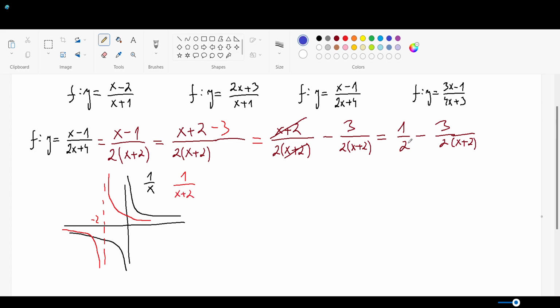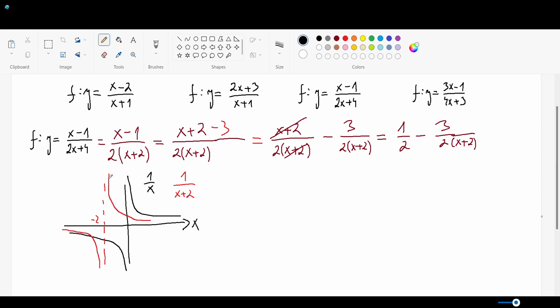The next transformation we need to apply is multiplication by the number negative 3 over 2. Negative, please keep in mind, we can split it in two parts, but I'm not going to do this because multiplying by any negative number would mean that we do the reflection over the x-axis.